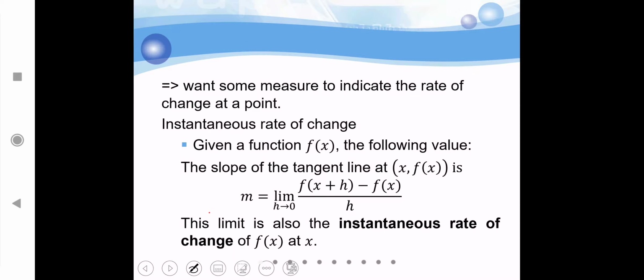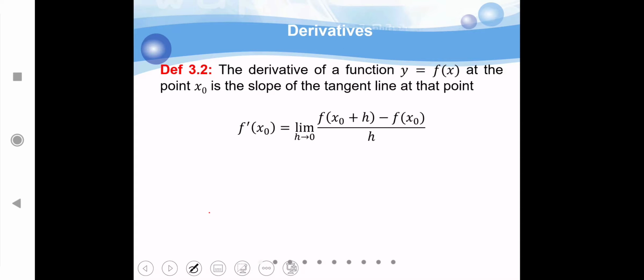Now we have this definition. The derivative of the function y equals f(x) at the point x0 is the slope of the tangent line. Okay, yeah, this formula. You write its definition.